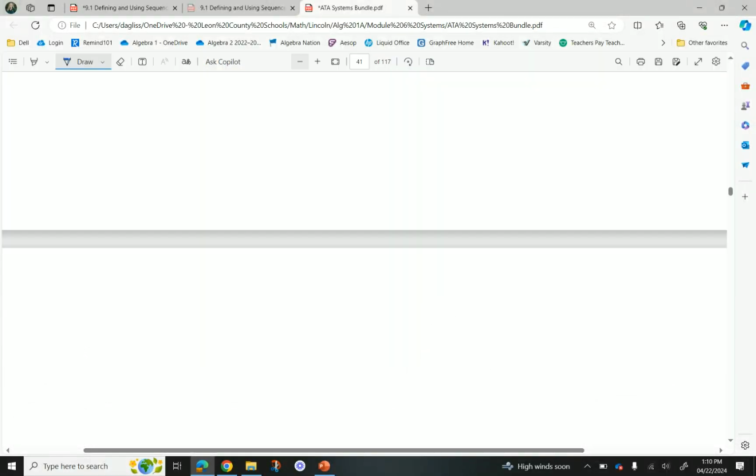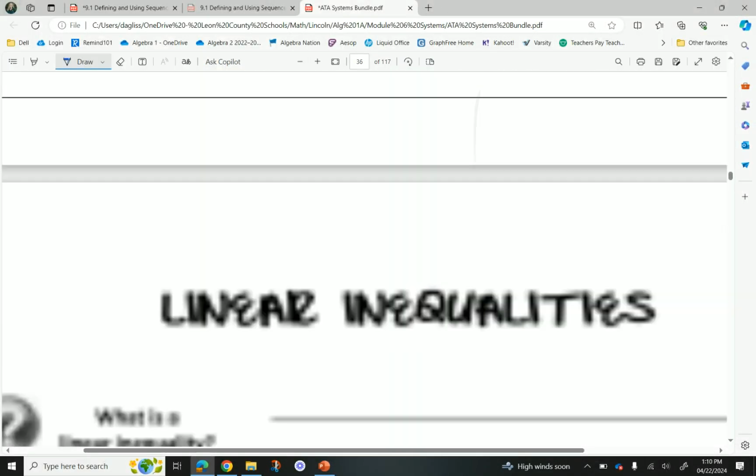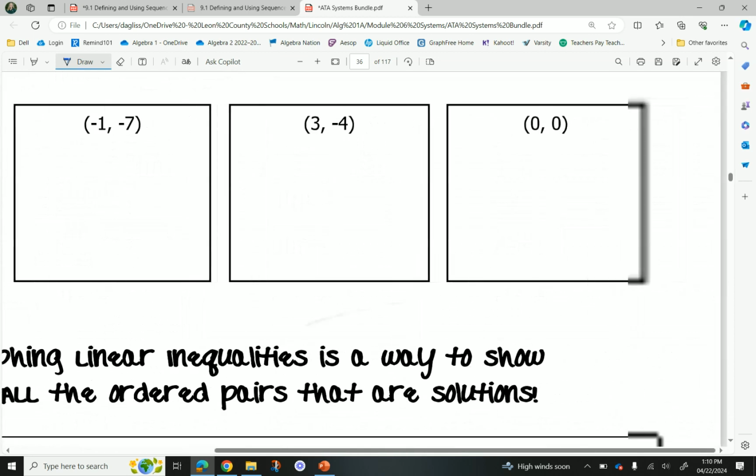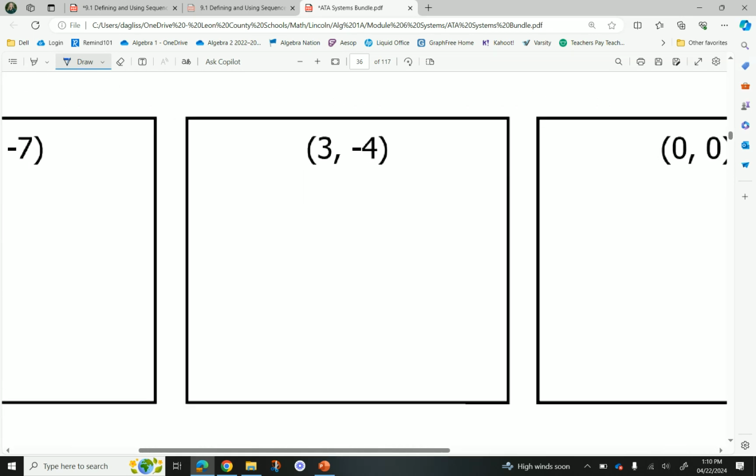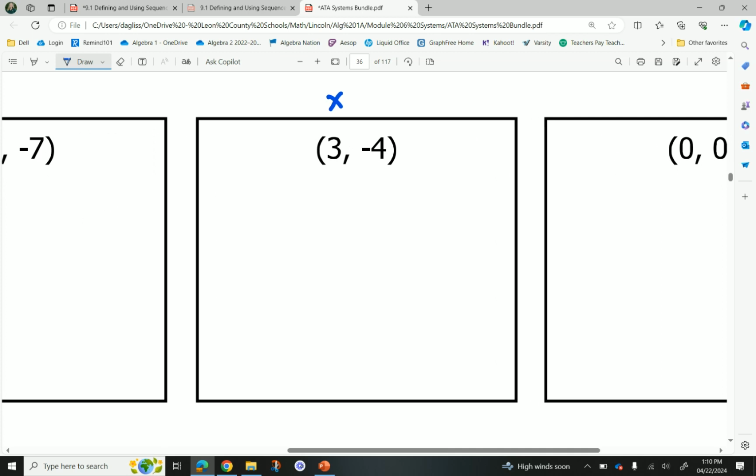Okay, so those were the first two. Let's work out the next two together. All right, so now we have 3 and negative 4. So remember, 3 is x, negative 4 is y. It's also on the board, guys, if you need it. So 2 times 3 minus 3 times negative 4 is what we're going to test.